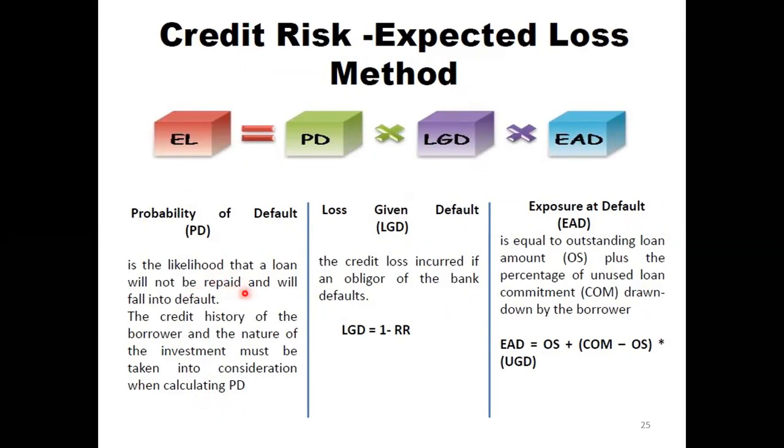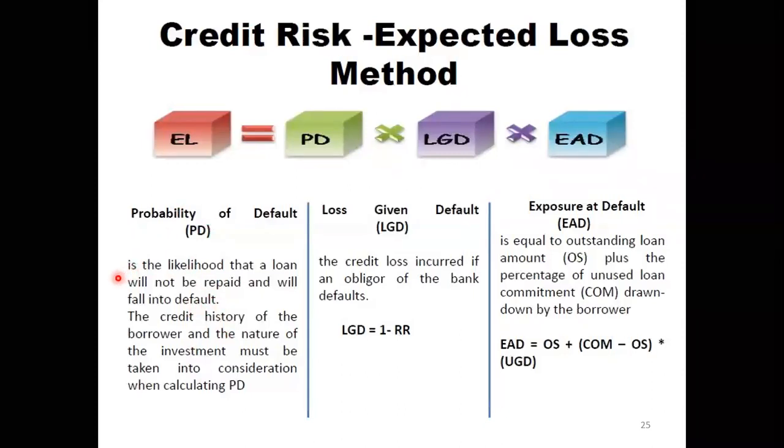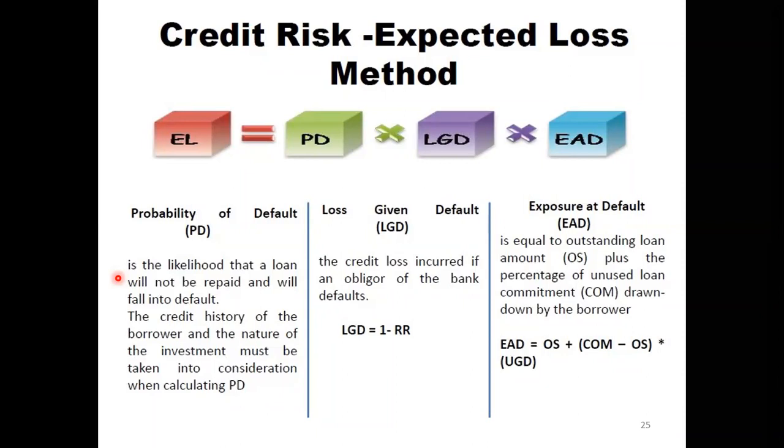Here it gives more detailed information. Probability of default risk is the likelihood, the chance that a loan will not be repaid and will fall into default, the customer becoming bankrupt. The credit history of the borrower and the nature of the investment must be taken into consideration when calculating the probability of default.